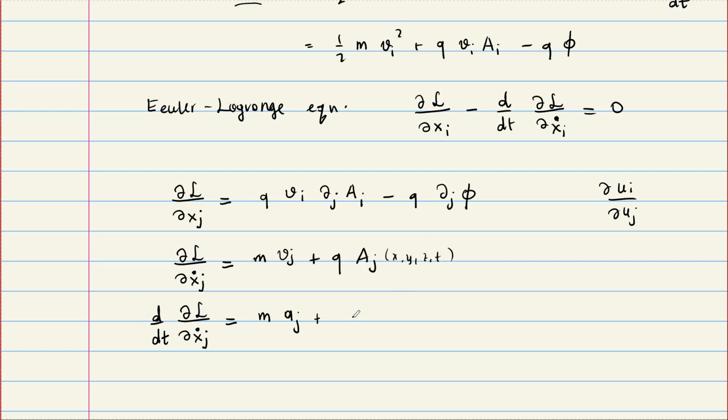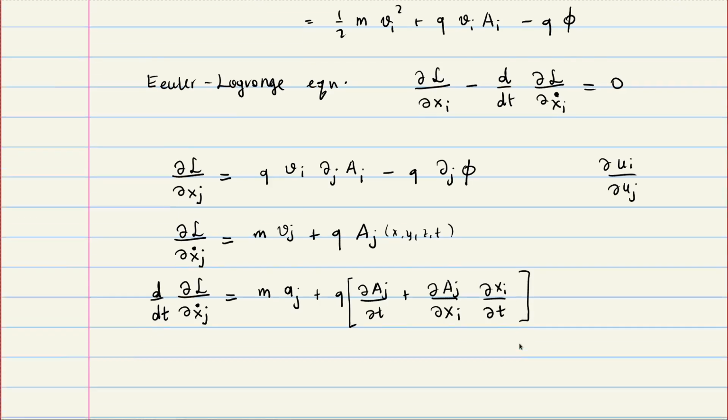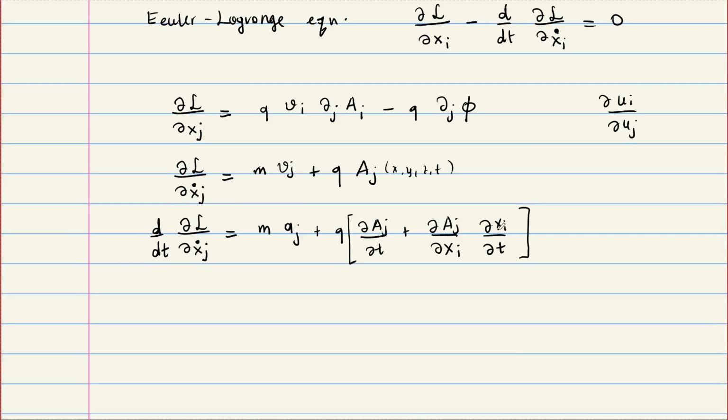So, and this thing q, the way I write this is like I can take full time dependence, or I can have del aj del xi, del xi del t. I just used the chain rule. And what is xi dot? This is the velocity, so I'm just going to write it like vi.